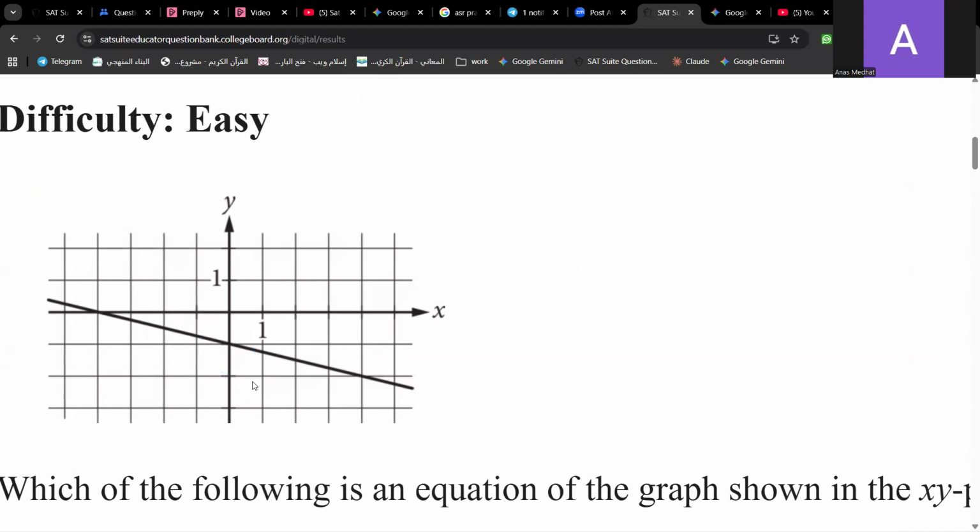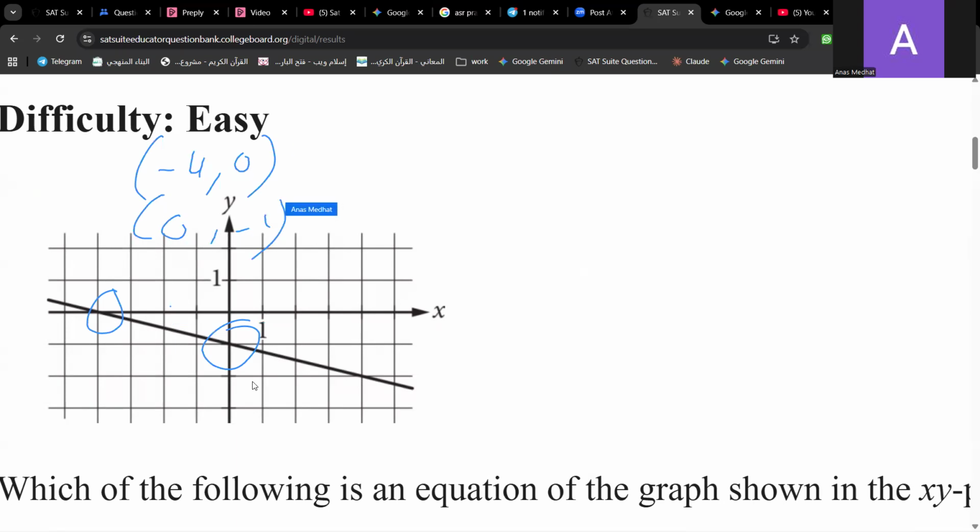So it is on the y-axis. So it is minus 1. And let's take 2 points and find the slope. Let's take this point and this point, for example. This is minus 1, minus 2, minus 3, minus 4. So it is minus 4 and 0, and 0 and minus 1.